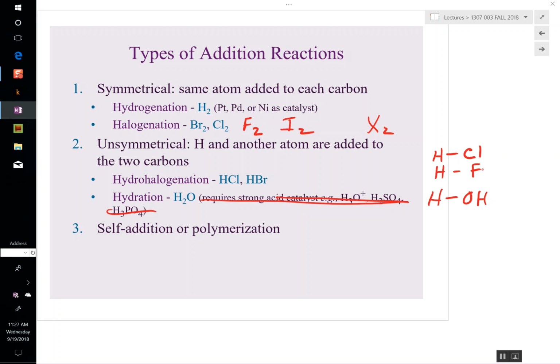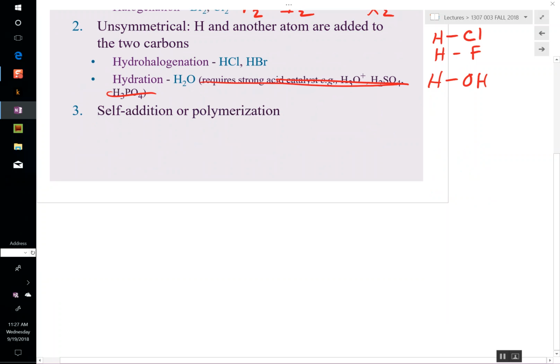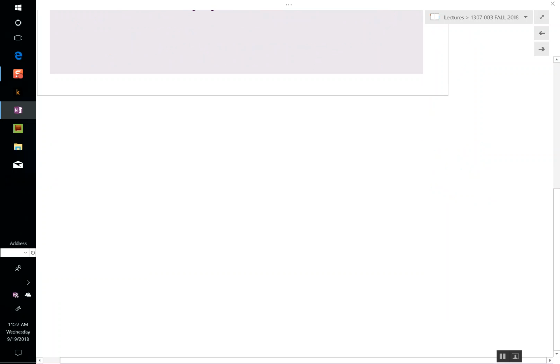Now I'm going to assume we kind of understand that when you react an alkene with a symmetrical reactant, you get the same thing on both carbons, whether it's a hydrogen on each carbon or a halogen on each carbon. But let's work our way through this again.